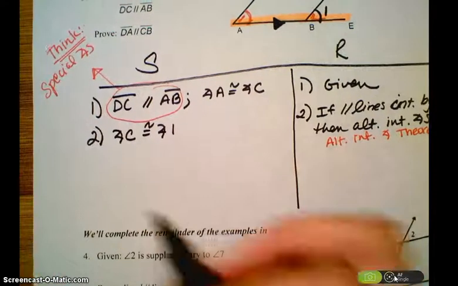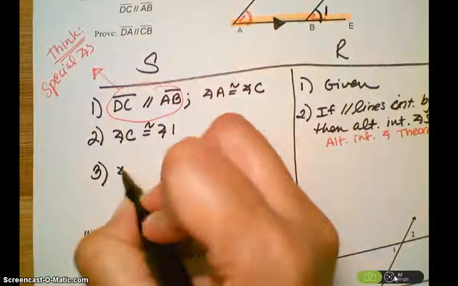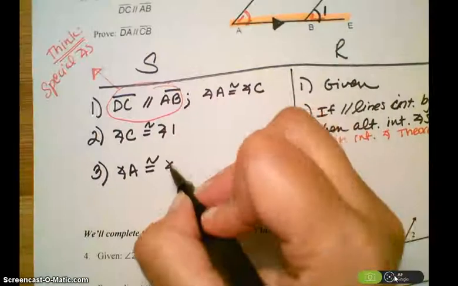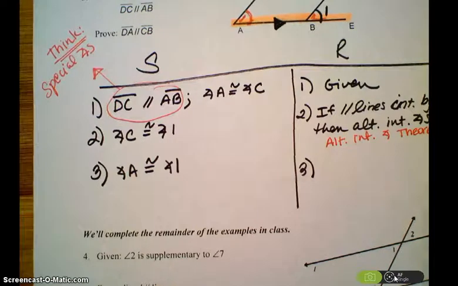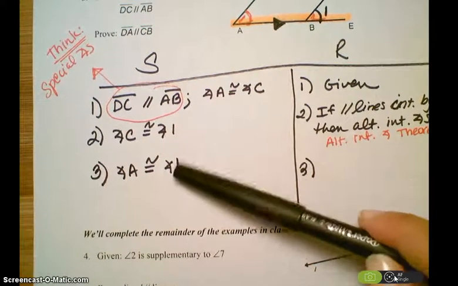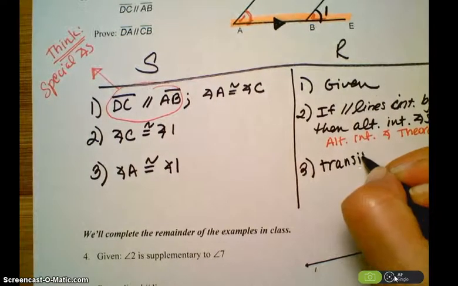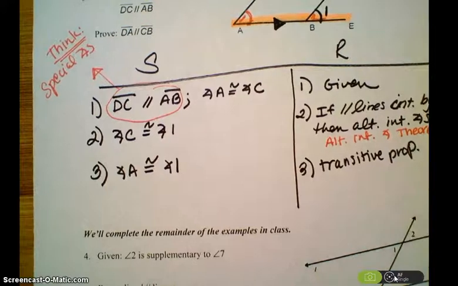I just have to say it in my proof. So in step 3, I'm going to say that angle A must be congruent to angle 1. And if we look back in our proof, can you see the reason why that would happen? That's right, it's either transitive property or substitution, whichever strikes you.